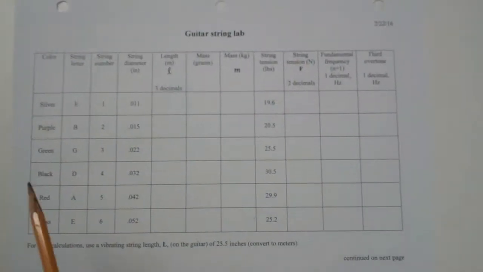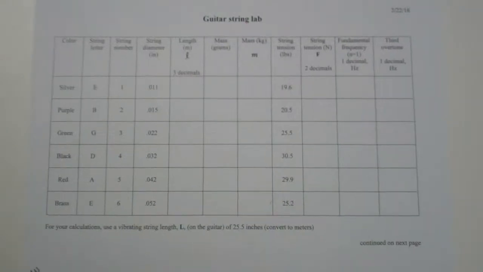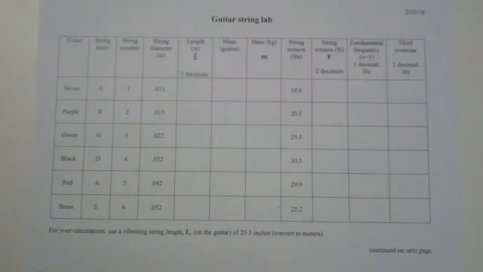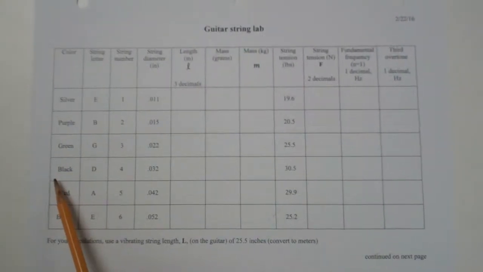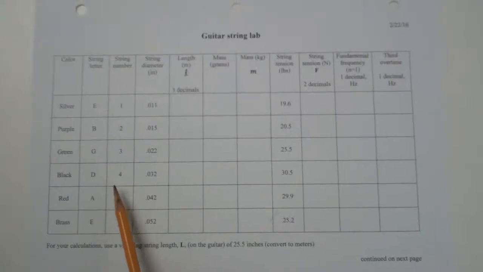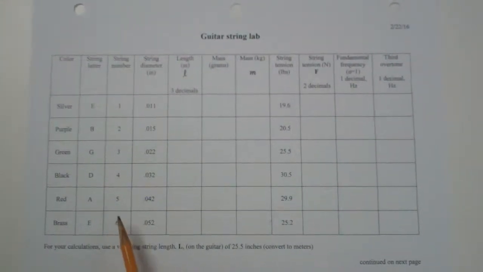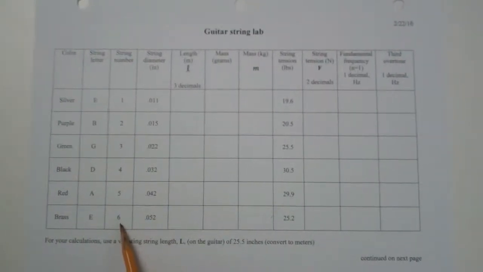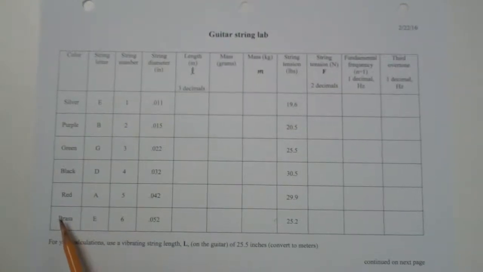If you look on the left side, we're going to use a set of 6 guitar strings, the 6 strings that are typically put on a guitar, and they're identified on the left-hand side by color, string letter, and string number. We're going to be concerned mostly with string number because I've got them identified that way, and then also color.